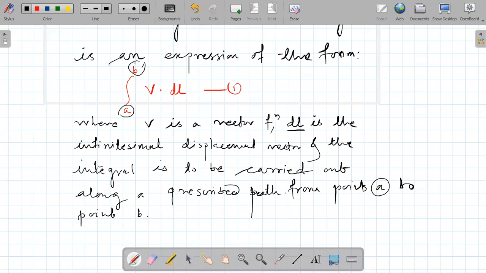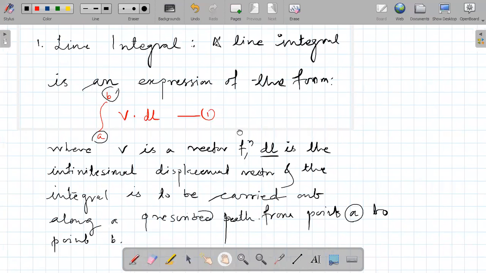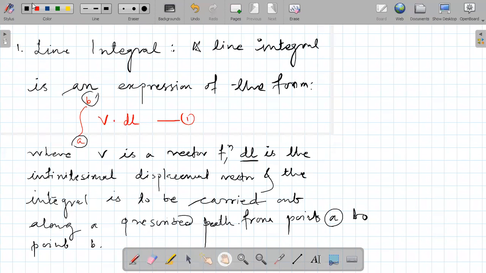And therefore, I will draw a diagram for this. Suppose your particle is in the three-dimensional case.